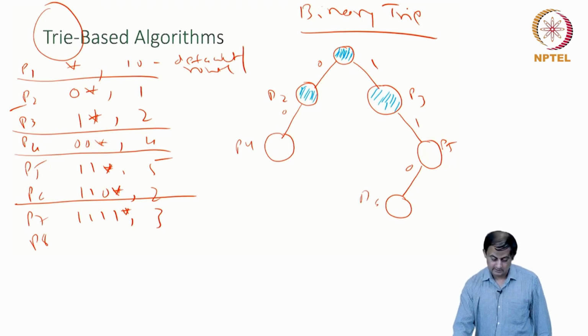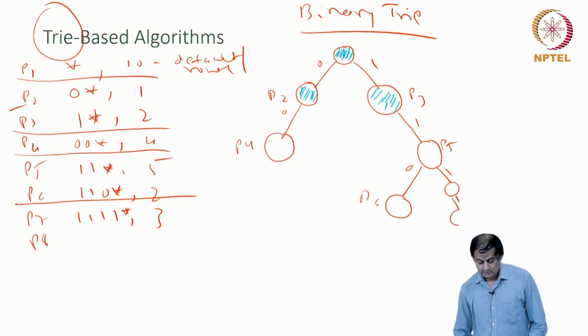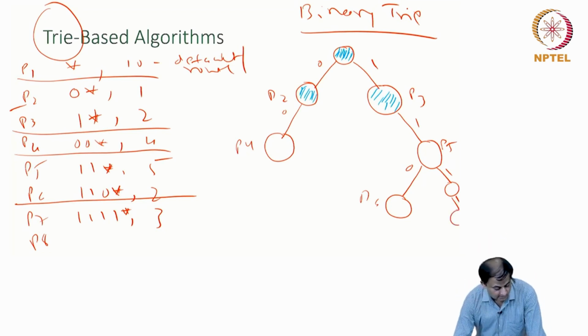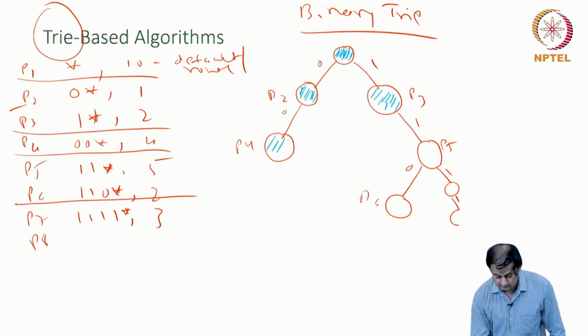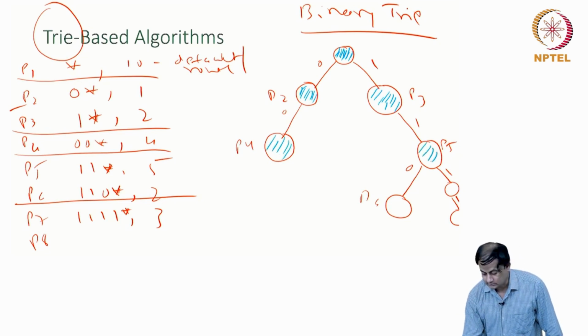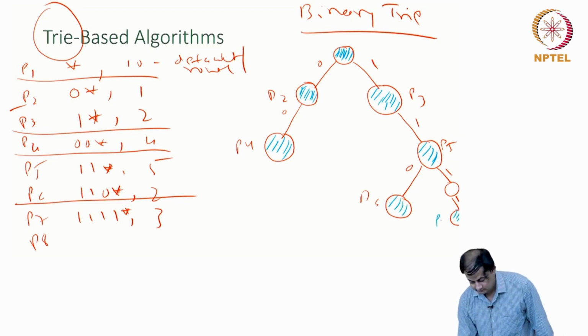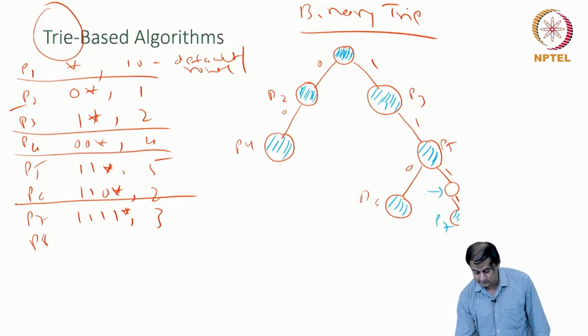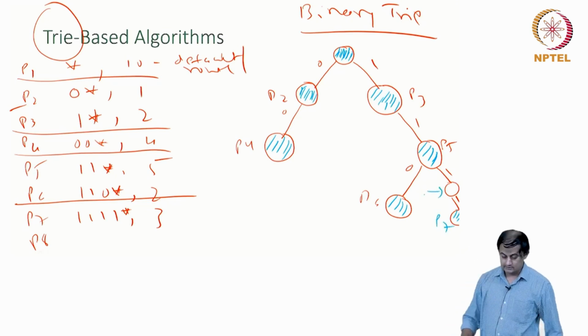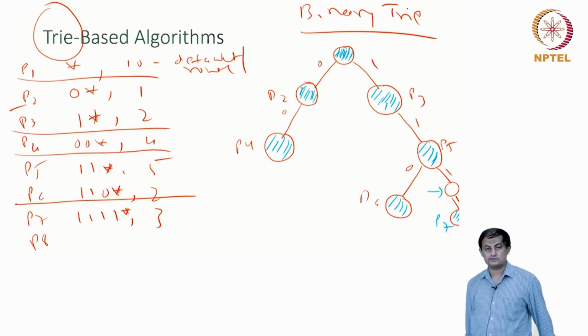Two times I have already crossed here, so another one comes here, and then another one goes to the right. Again I am going to mark these nodes appropriately. So this is P5, P6, and then this is my P7. Remember that this node is actually not marked. Wherever a prefix is matched, that node is marked.